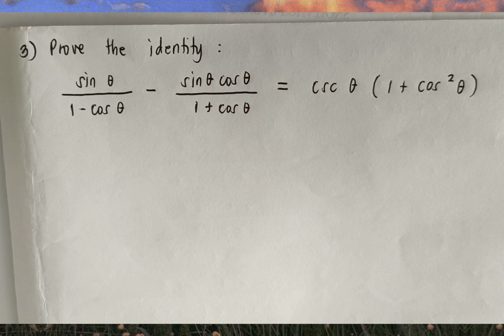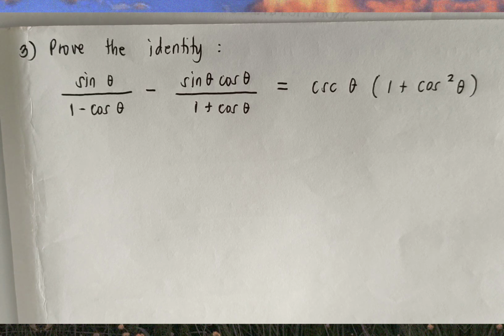Take note that it can be useful to change all trigonometric functions in terms of sines and cosines. And please remember that since the equation still needs to be verified as an identity, multiplying both sides by the same term cannot be done. Those are your rules in proving identities.